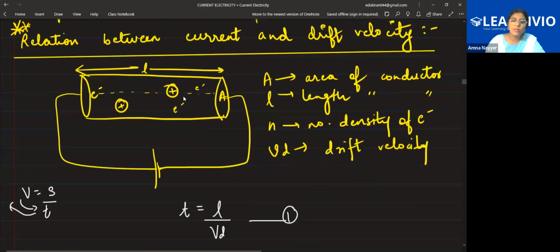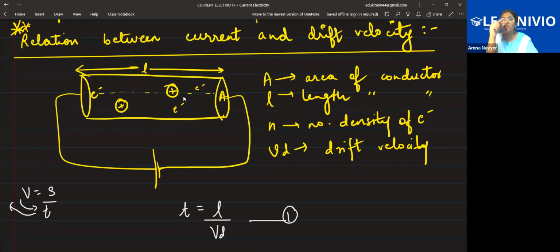So see, you have a conductor. In the conductor, you have electrons present and positive charges present. The area of the cross section is A. Area of the cross section means, suppose I have this wire and I cut it transversely and show you this end.